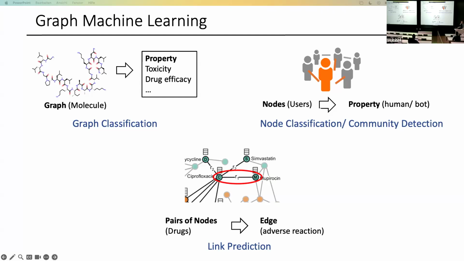So what you see here on the slide are three very classical tasks we encounter in graph machine learning. For instance, we start at the top with graph classification. Here you could think of a task like having a set of molecules given, each of which has a chemical structure that we can represent as a graph.